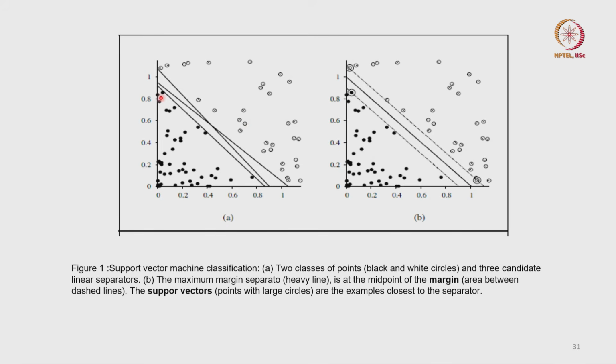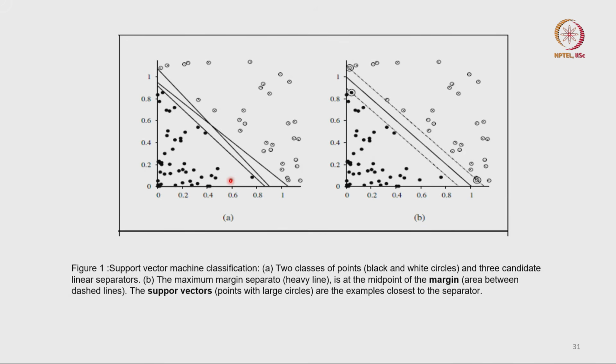Now if we use the leftmost line here, you find that it is very close to these patterns here. So, if you have a pattern belonging to this class which is just on the other side of the boundary, it is going to be misclassified.